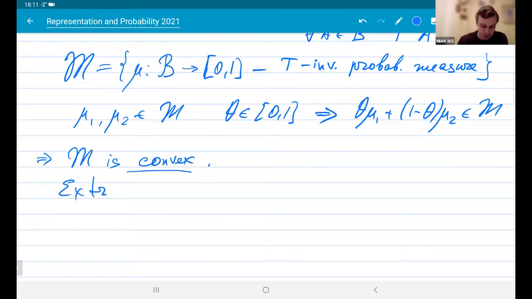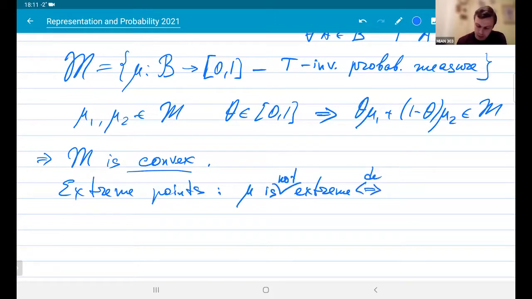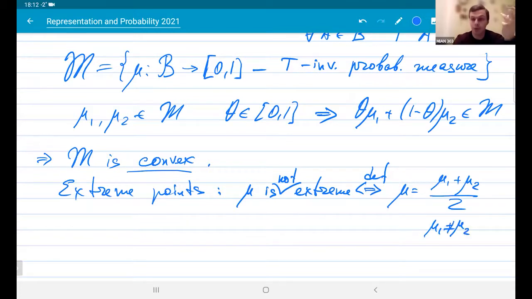So the extreme points. Mu is not extreme by definition if mu can be represented as a linear combination of two points.